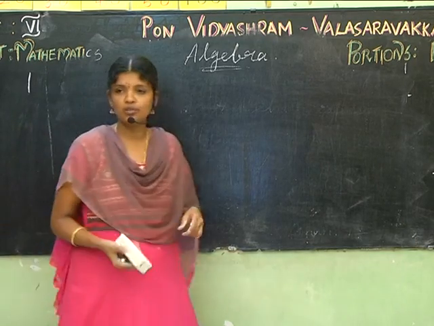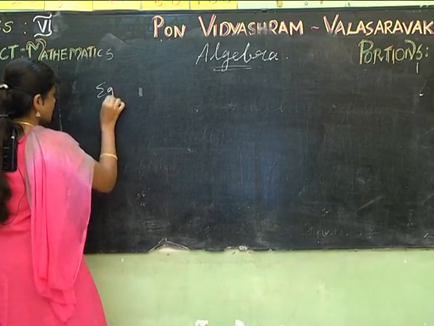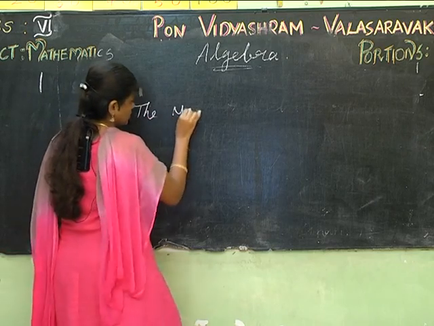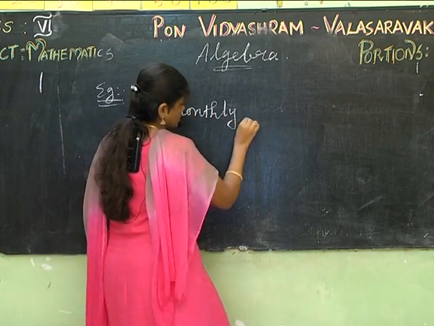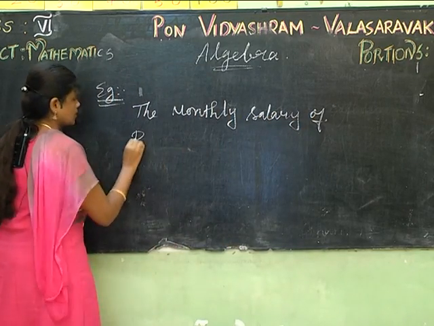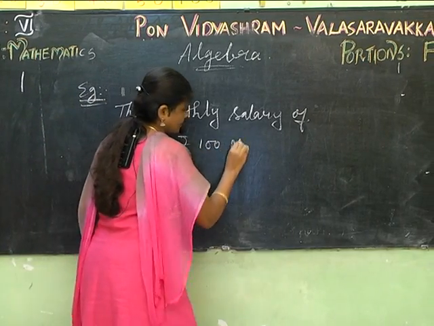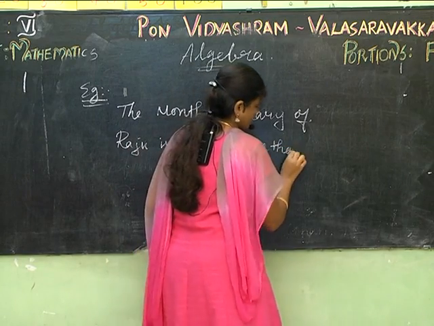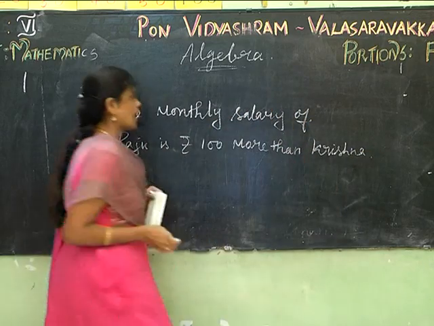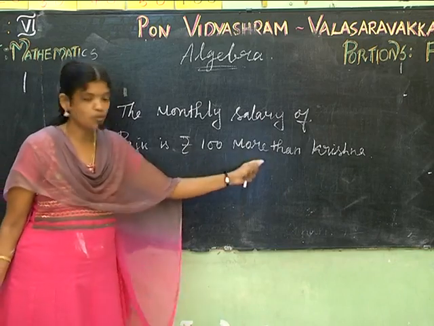Next one, how you can use algebraic expressions in your practical life. For example, I am considering this example. The monthly salary of Raju is rupees 100 more than Krishna.